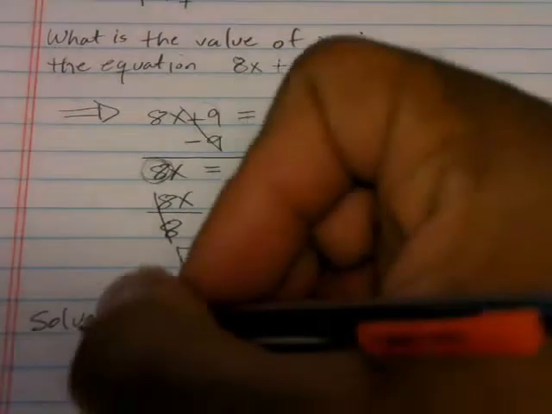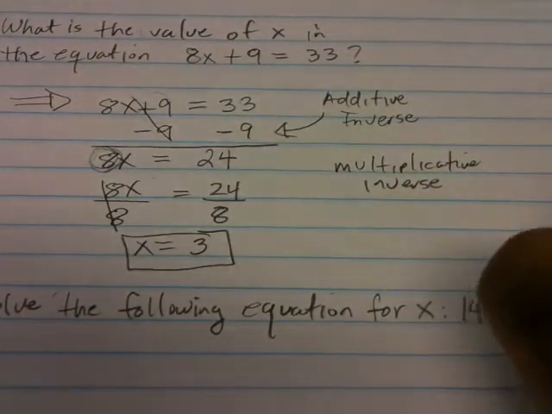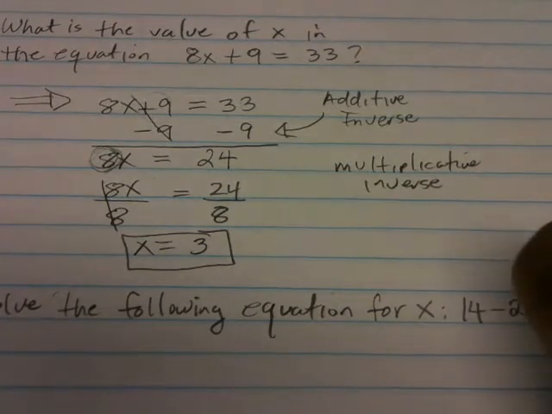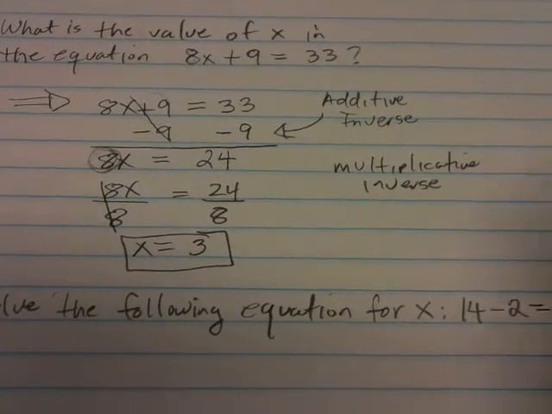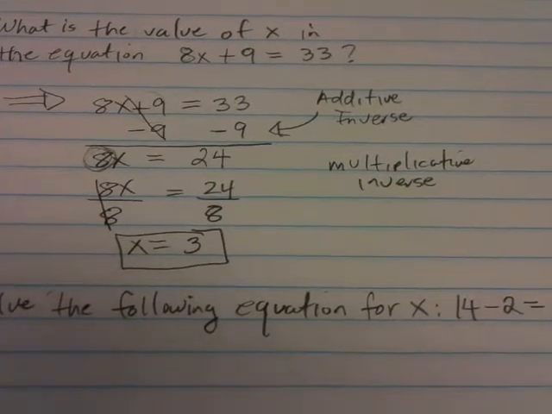I'm going to write this down here: 14 minus 2 equals negative 3x over 8 plus 17.